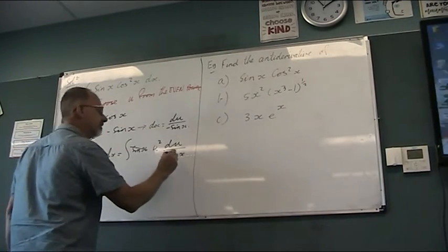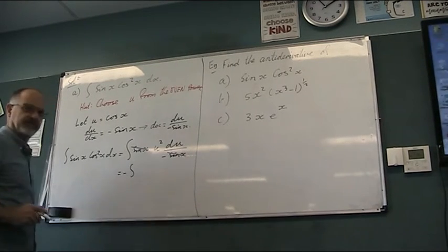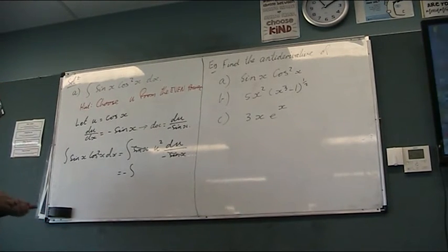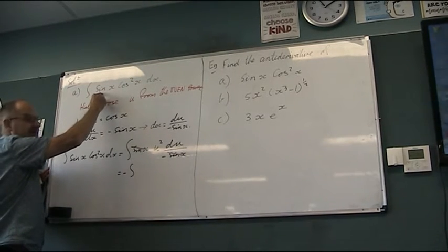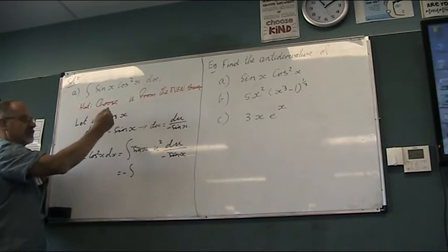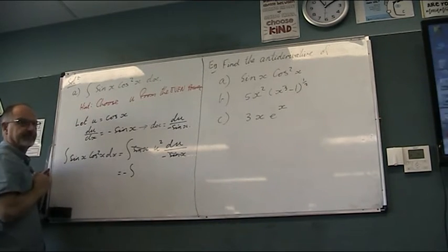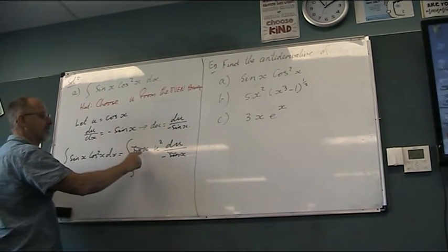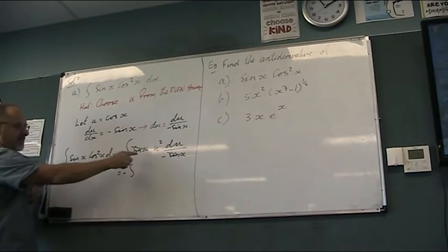Sine cancels, yep. This negative here, I can put out the front. Sorry, why don't you anti-differentiate the sine? Just because it's easier to cancel it? So we would have to make a choice for our u, either to be sine or to be cos. So the hint when you're choosing it is you look at which one's got the even power and you make that your u. But why haven't you differentiated the sine there?